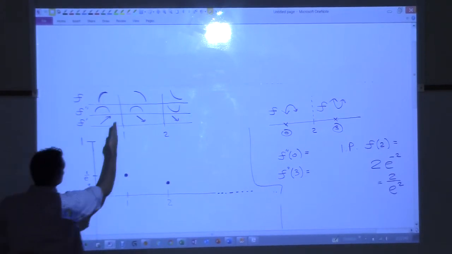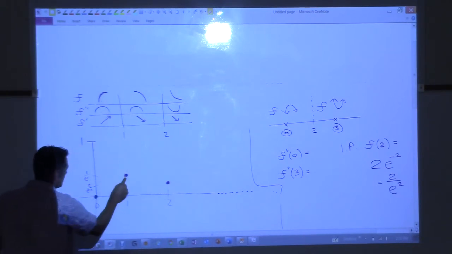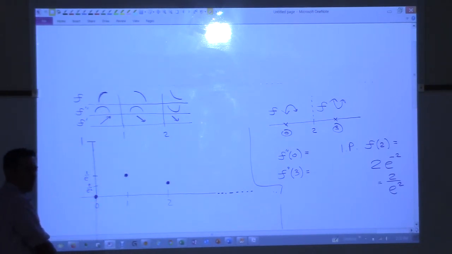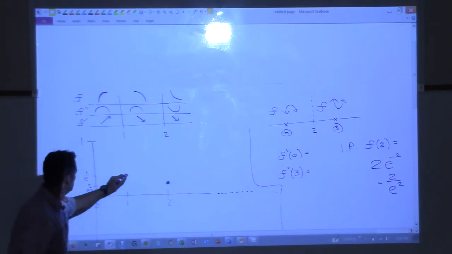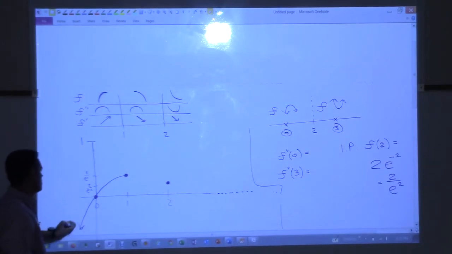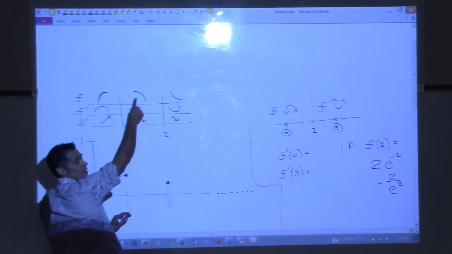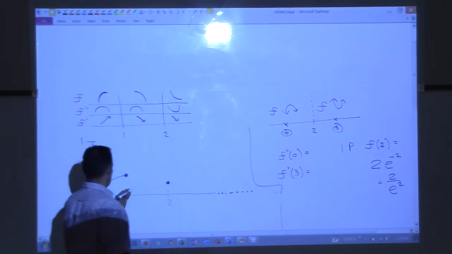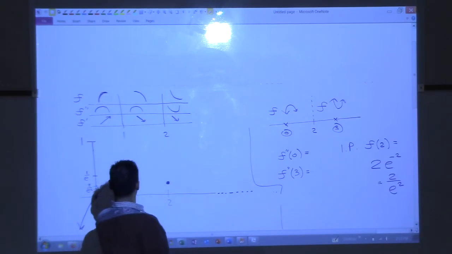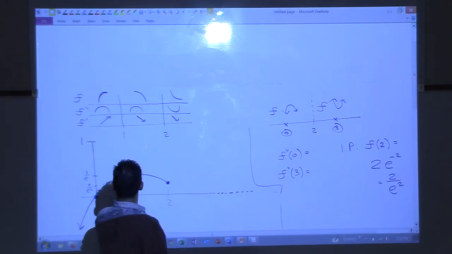So we come down and we look at 1. To the left of 1, I'm supposed to look like this. I have to get from here to here, and continue to go down forever. It's got to look concave down, so like that. And then between 1 and 2, I've got to look like this. That's going to be a little tough. Let me try. I'm not real happy with that, but move that point up just a little bit.